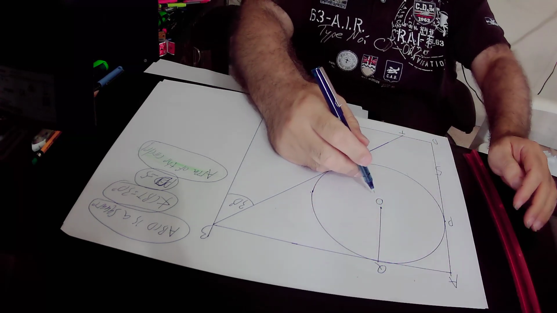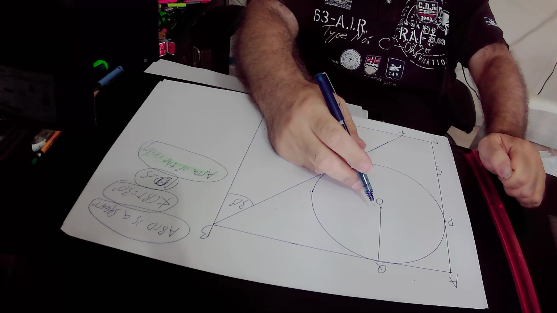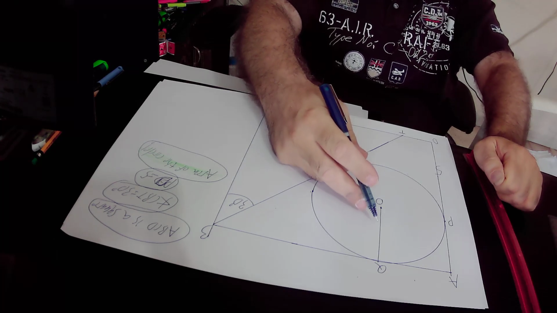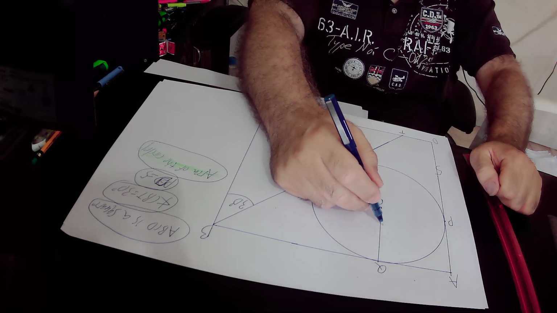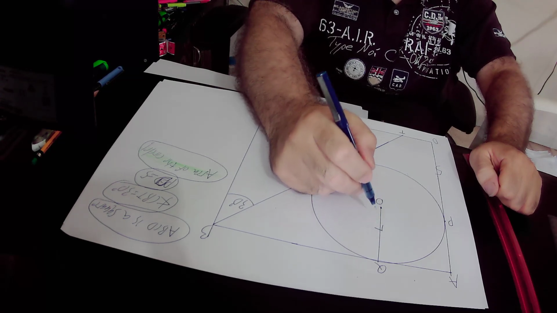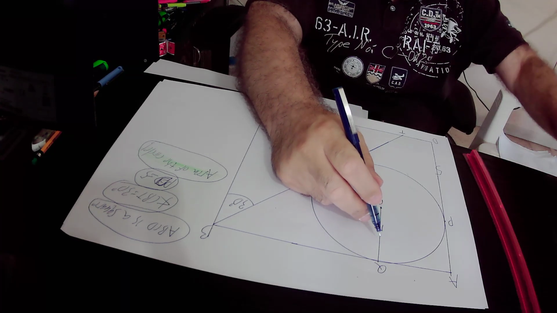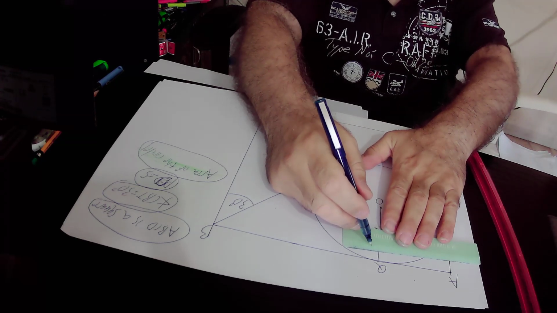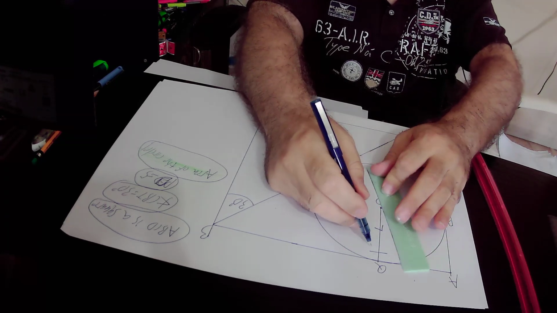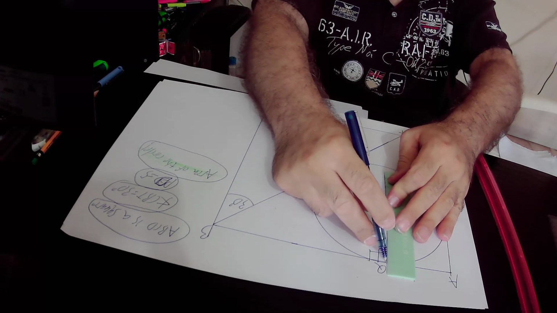Point O is the center of the circle, point Q is on the circle itself, therefore OQ is the radius of this circle that we define as R. And we have the radius OQ drawn to the point of tangency. Therefore, according to rule number 1, this angle will be equal to 90 degrees, and this angle will also be equal to 90 degrees.